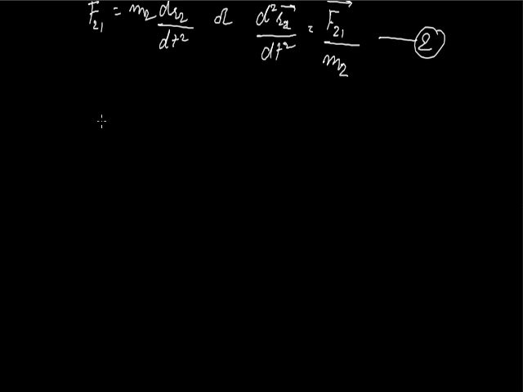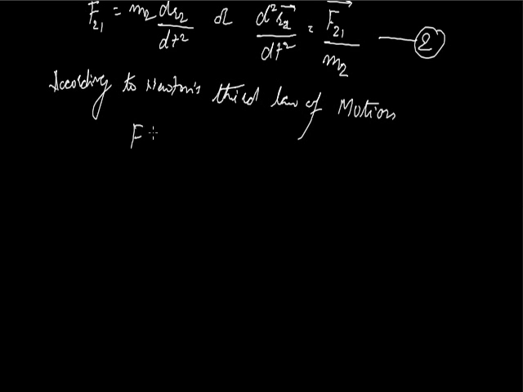Now, according to Newton's third law of motion, forces are equal and opposite to each other. So F12 is equal to minus F21.